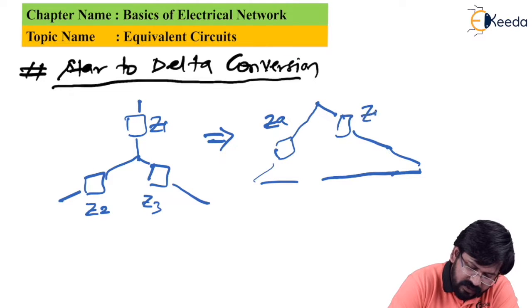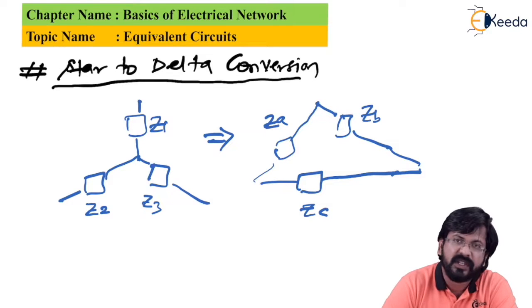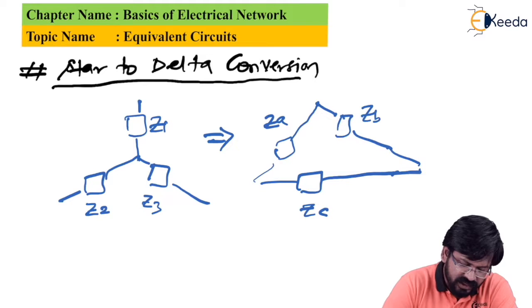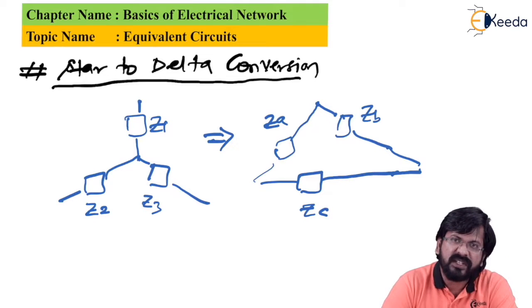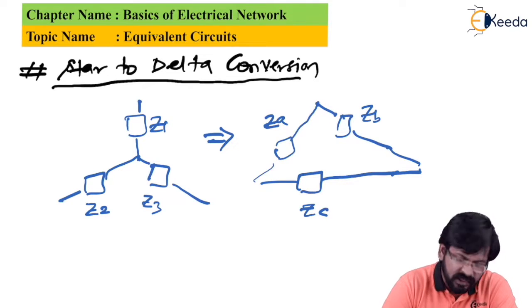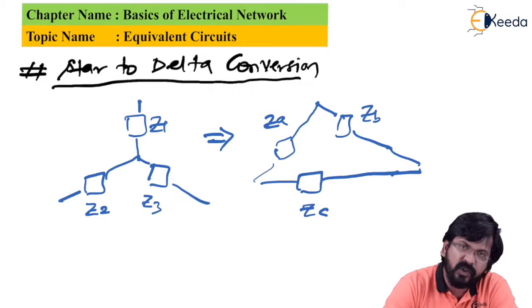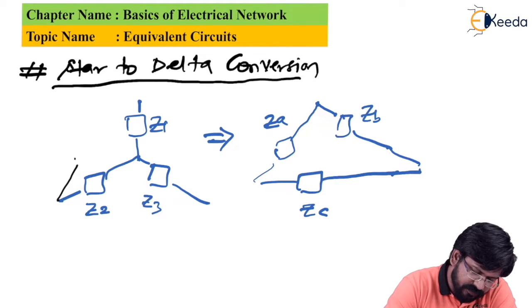So rather I will modify them to, let's say, Z1, Z2 and Z3, and assuming these as ZA, ZB and ZC. So what I need to do is convert star to delta, which means Z1, Z2, Z3 values are given and ZA, ZB and ZC values are required. So the first step is to draw the delta with the given star.